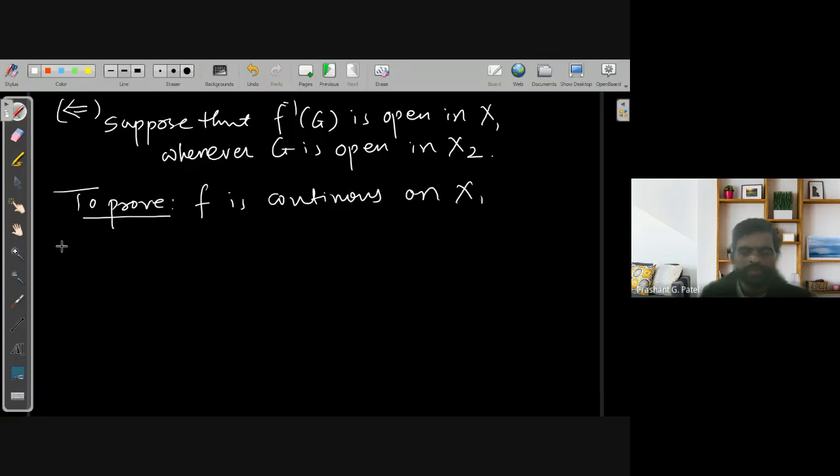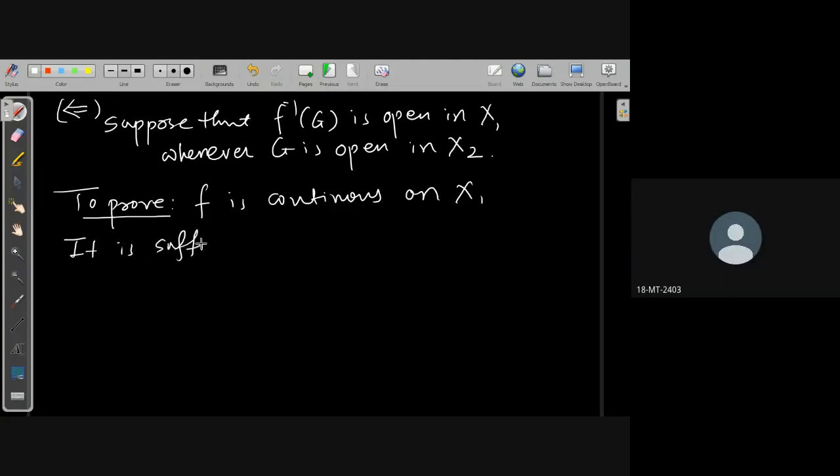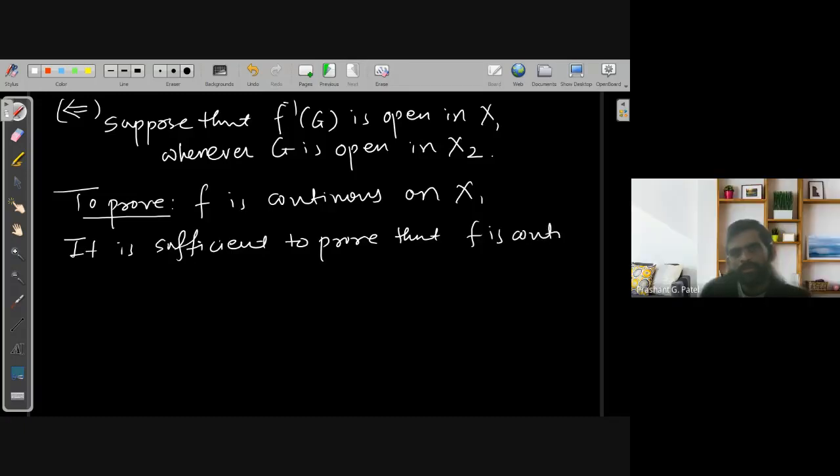It is sufficient to prove that f is continuous at any point a belonging to X1.